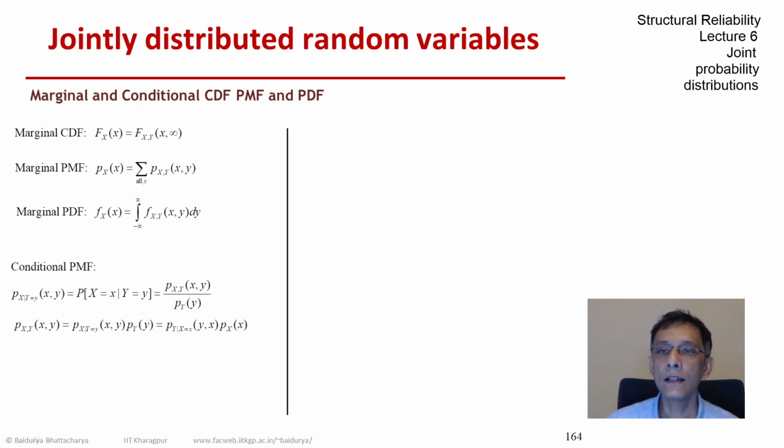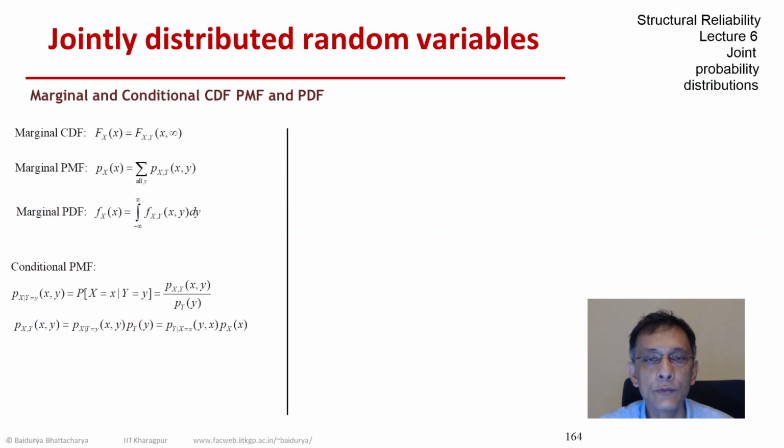We could define the conditional mass function similarly, just as we define probability of A given B. So here it's the same approach. P of x given y has taken a particular value little y would be the conditional PMF of x given y, and that would be the ratio of the joint mass function divided by the marginal mass function.